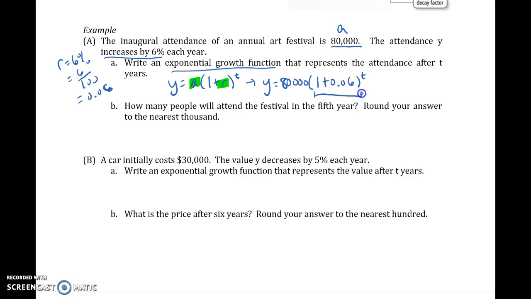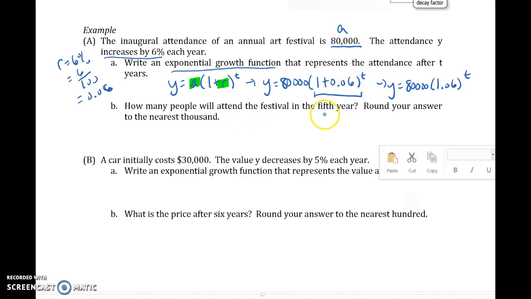Then we want to simplify this growth factor to get y equals 80,000 times 1.06 to the t power. Okay? So there's our function. Now we can actually use it to answer questions. The question says, how many people will attend the festival in the 5th year?